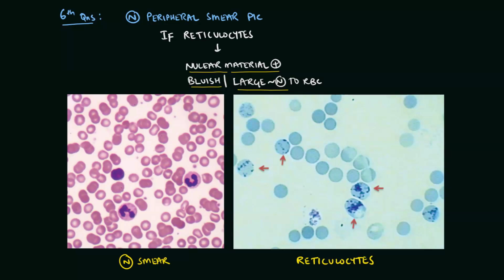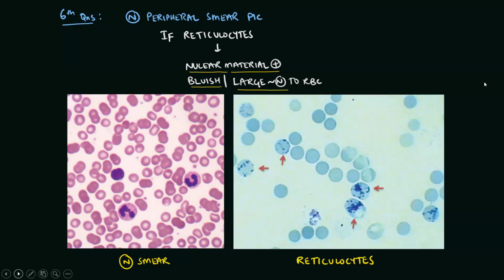So on your left side, you can see the normal smear. And if it is reticulocytes, you can see the nuclear material is present. It is in a bluish appearance, right? Where you can see over here. So it can be seen from normal to all kinds of RBCs.